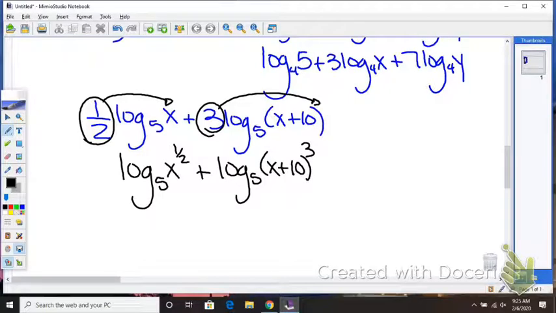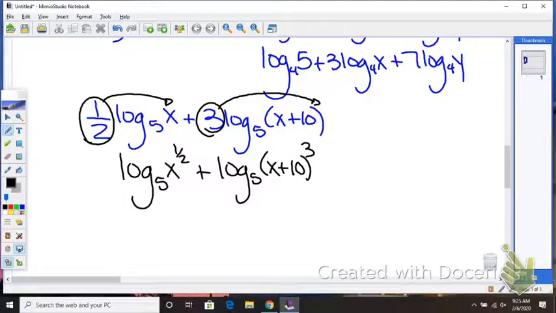I should probably say, if you run into a problem, which I don't think you do, if the logs don't have the same base, you can't do this. They have to be the same base. But I think most of them will be. Okay, so this third power just went with this whole parenthesis. I'm just thinking of that parenthesis as a term. So now the plus means I'm going to do what? Multiply.